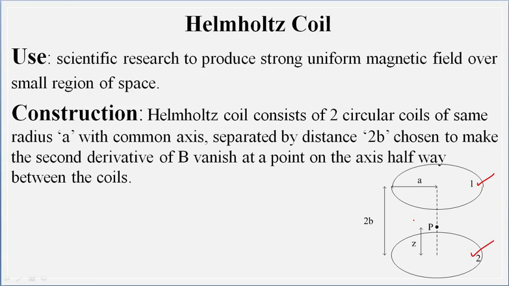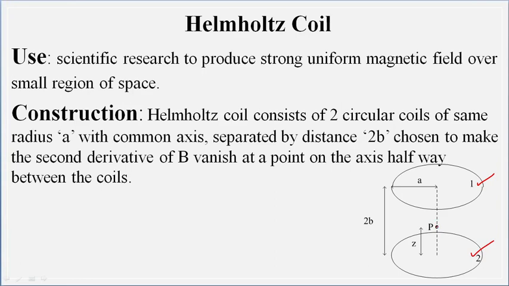So at point P we want to find the magnetic field, and as I mentioned the magnetic field should be as large as possible, because the idea behind this Helmholtz coil is to produce a very strong magnetic field, so maximum possible field. Now if the point is at a different distance, Z is different, then field will be different. Now at some point it will be maximum.